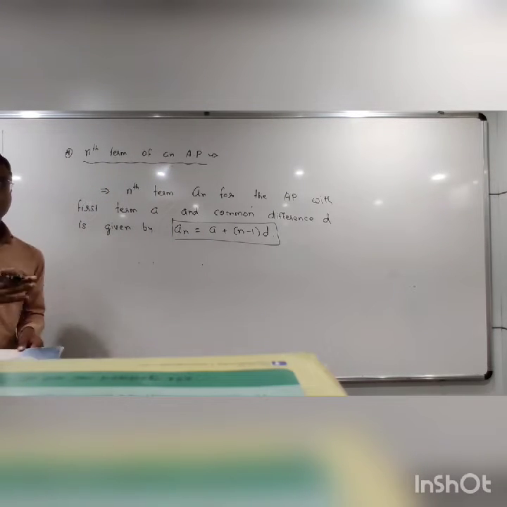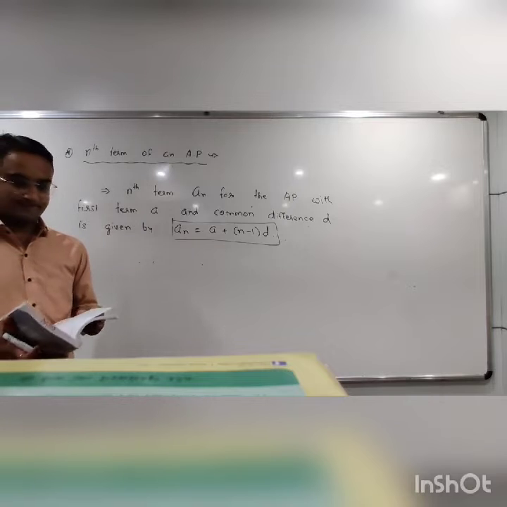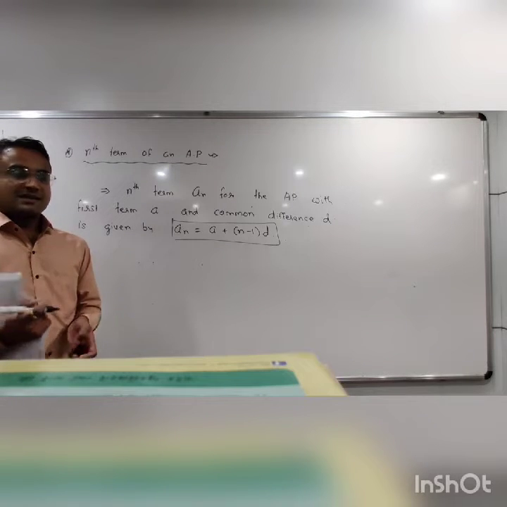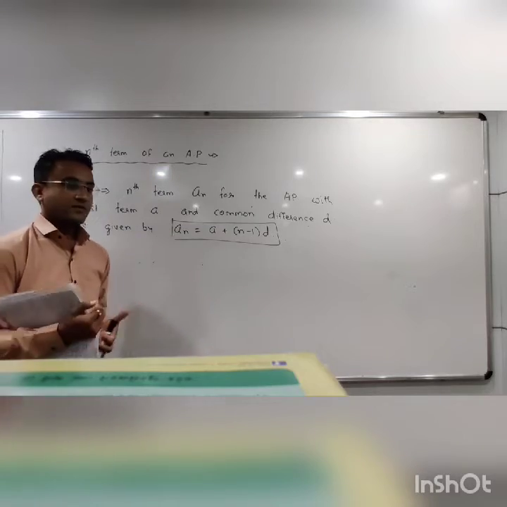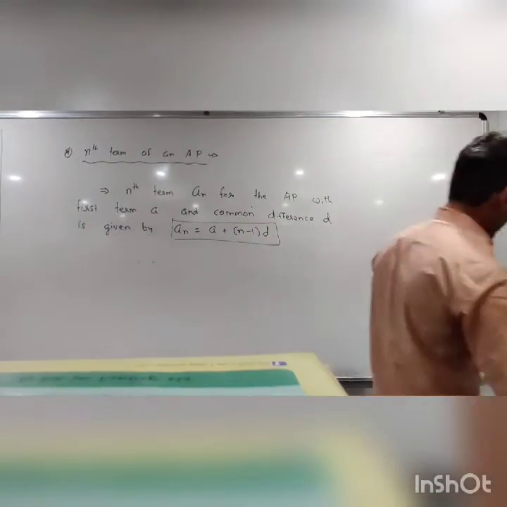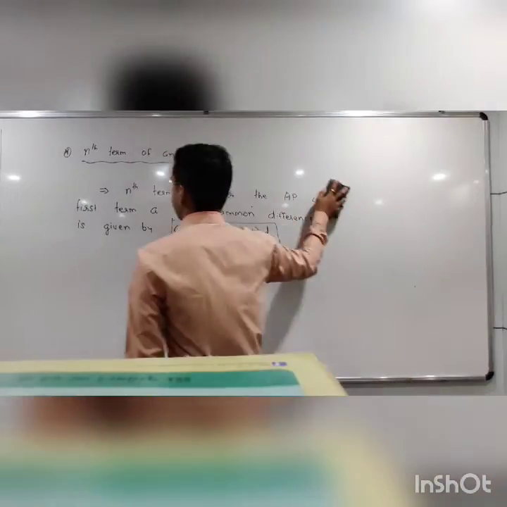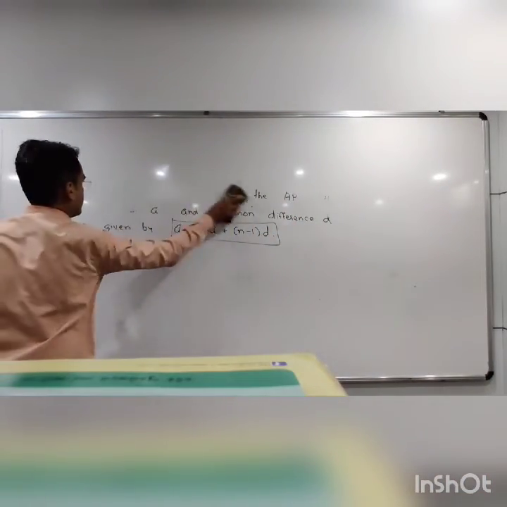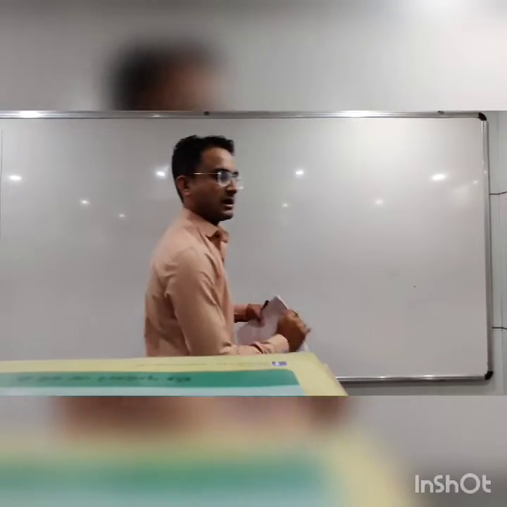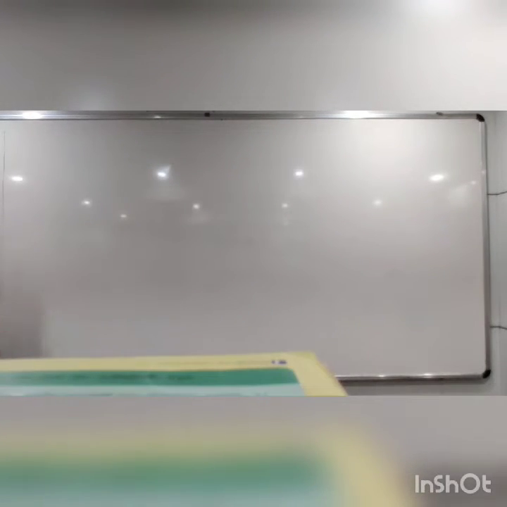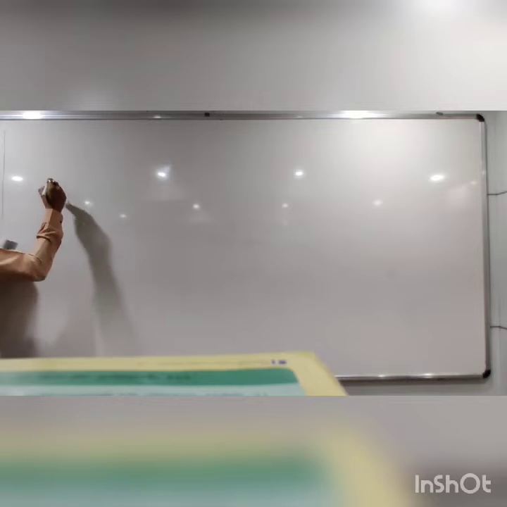Now based on this formula we will solve the next exercise or the examples related to this type of questions, right? So write down example 3. You have to remember the formula only, clear? So example 3.